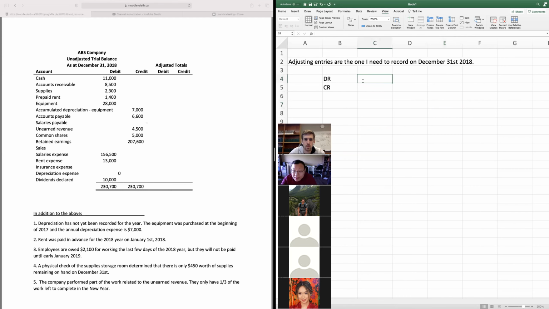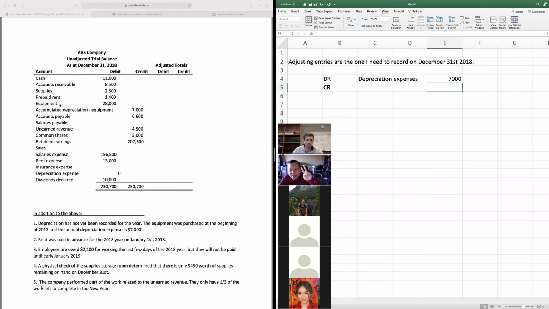So you debit, you want to recognize the expense, the cost of using the equipment. So you debit depreciation expense for 7,000. And remember, you mentioned you credit equipment. Remember, this equipment has two accounts under it.